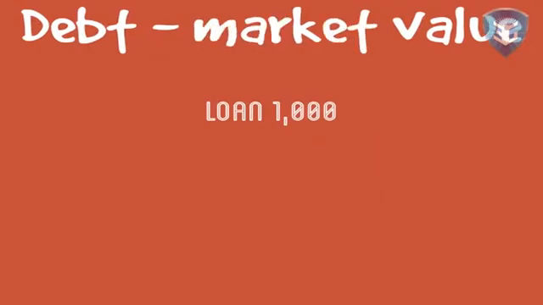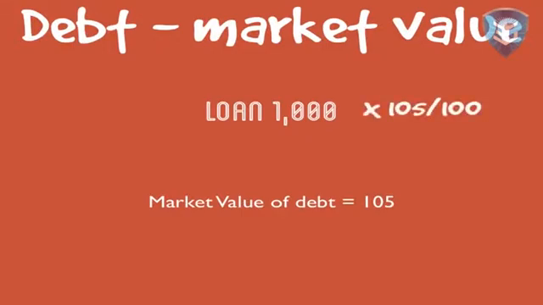What about market values? Well, I did say that this market value of debt was 105, and debt is always quoted per 100. So that has a market value of 105 for every 100. So to work out the true market value of that debt, you simply times it by 105 over 100, and the market value would therefore be 1,050.